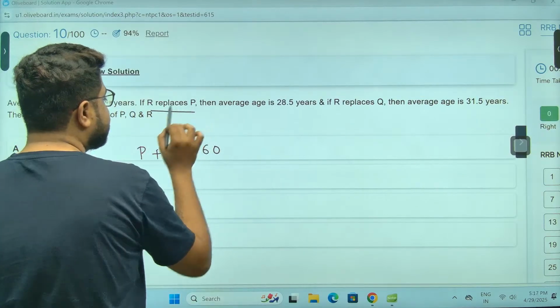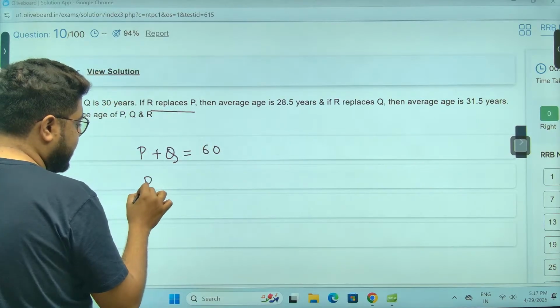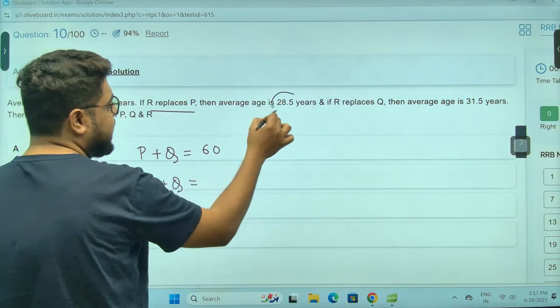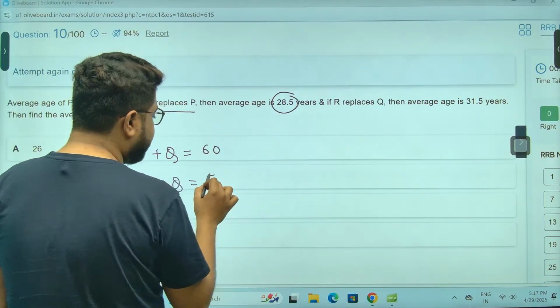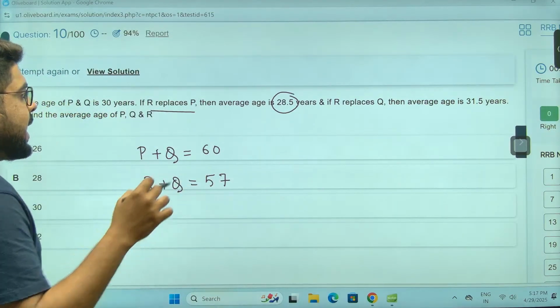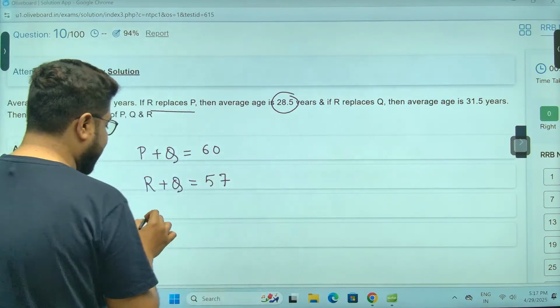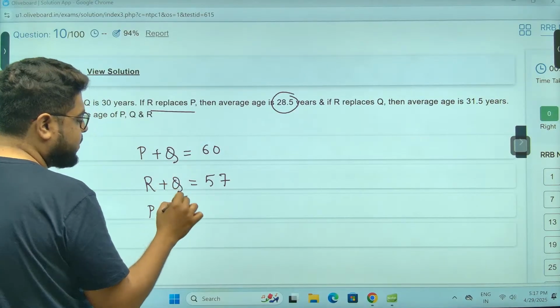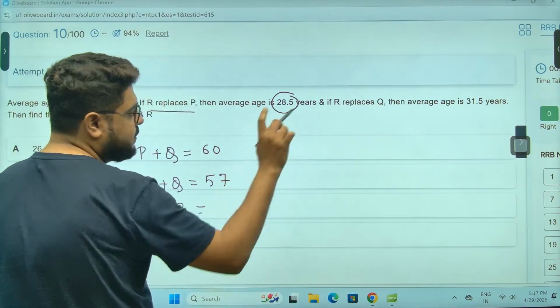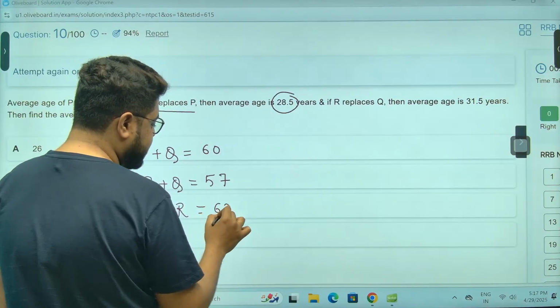Now R replaces P, so R plus Q, the average is 28.5. So the total will be 57. R replaces Q, meaning P stays and in place of Q, R comes. The average is 31.5, so the total is 63, sir.